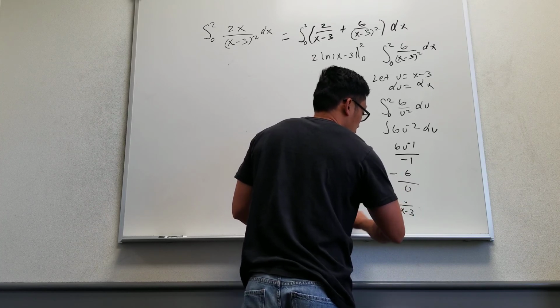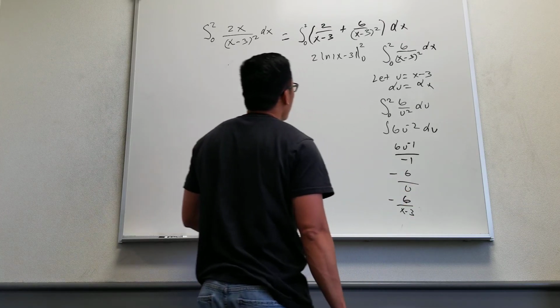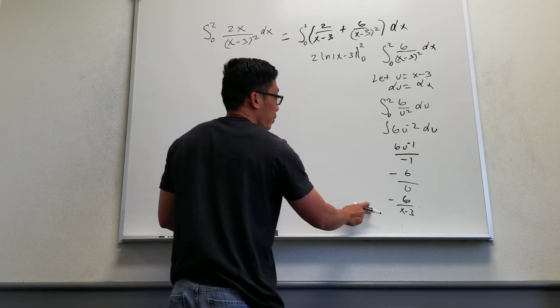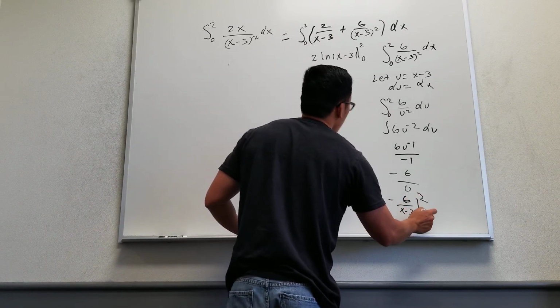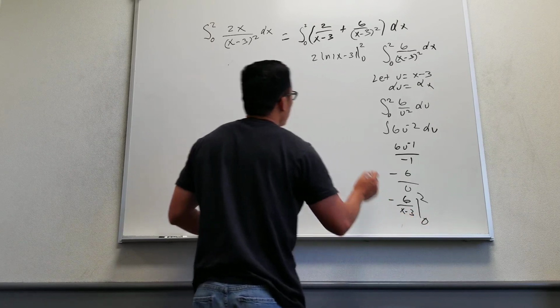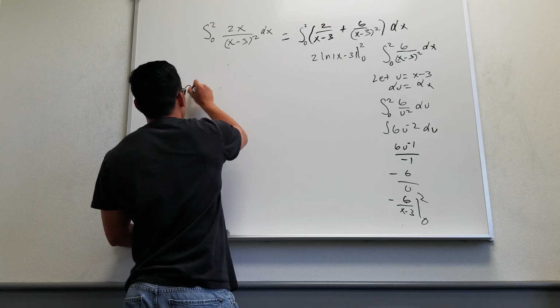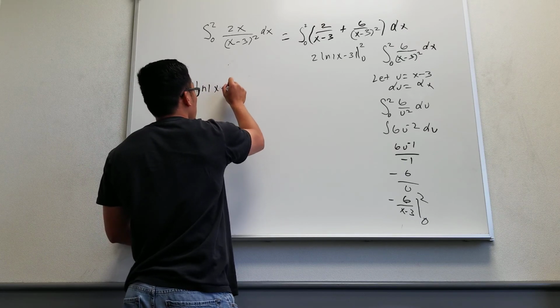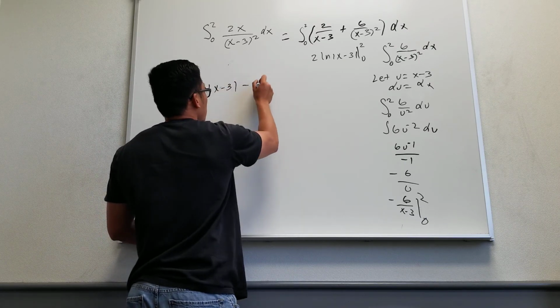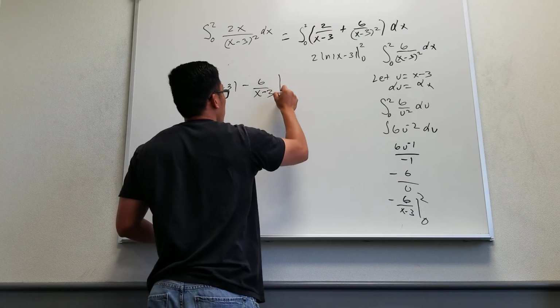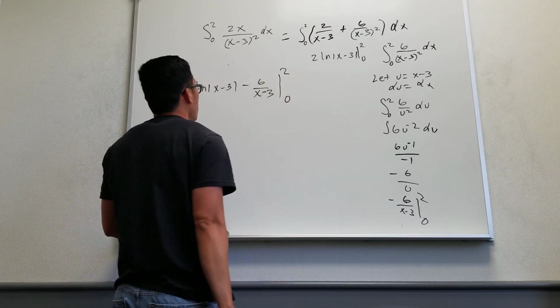Okay, so 6, we have that. Now I have this and I have this, so I can combine these from 0 to 2. So this is basically going to equal 2 ln of |x minus 3| minus 6 over (x minus 3), from 0 to 2.